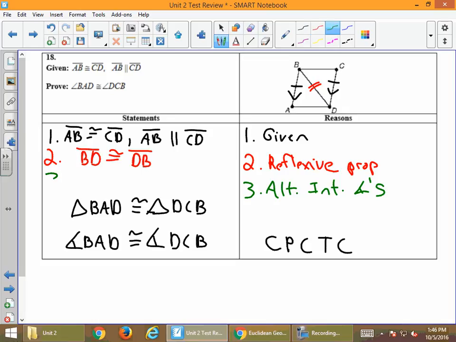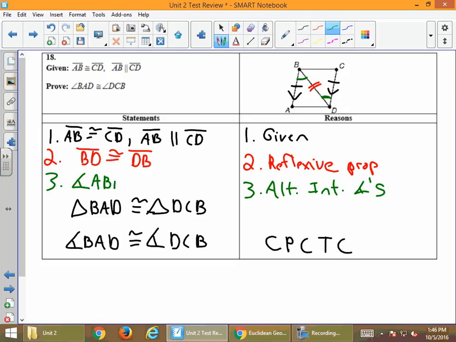Alternate interior angles. Where are those angles? Remember, they sit on the parallel lines and the transversal. There's only one transversal here, and that's BD. So it's got to sit on this line and this line, touching that transversal. The only spot it can be is right here. So ABD is very good. Great way of naming the first one.